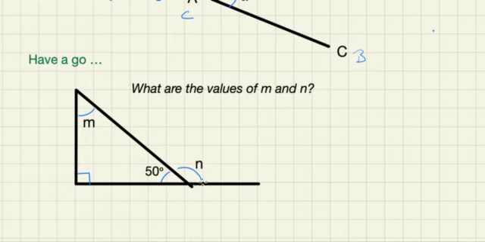Now with triangles you can extend the lines, so this looks as though it's sticking out a little bit, and this bit may not be there, but it certainly helps us in working out angles, because the sides that make up an angle are always straight lines, so we can always extend those lines when we do our calculations. So do you want to have a go with this? The question is, what are the values of m and n? If you want to spend a little bit of time working that out, put the video on pause as usual, and I'll see you in a second or so.